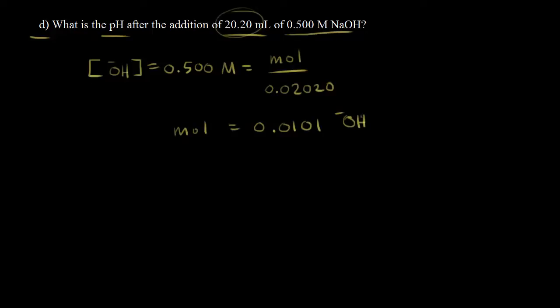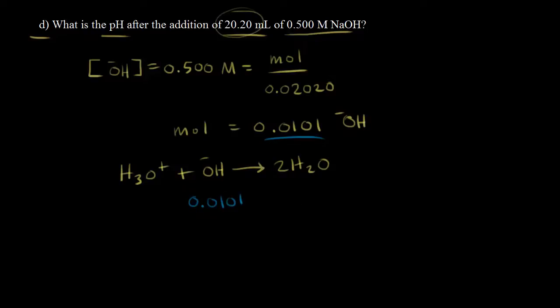Okay, remember the hydroxide ions reacted with the hydronium ions. So we talked about the fact that H3O+ plus OH- gives us 2H2O. This time we're starting with 0.0101 moles of hydroxide ions. So let's write 0.0101 moles.